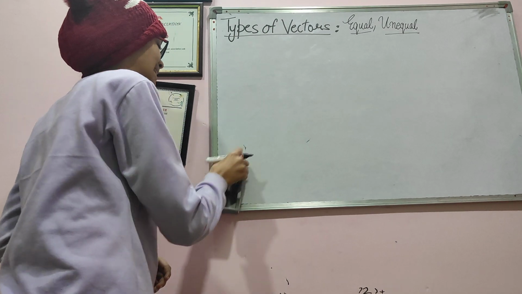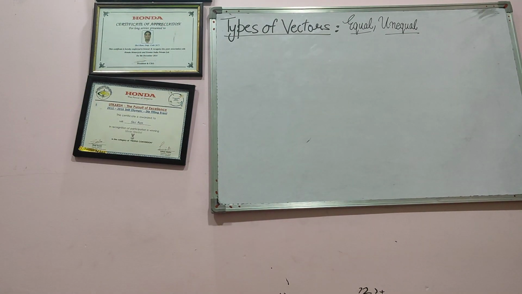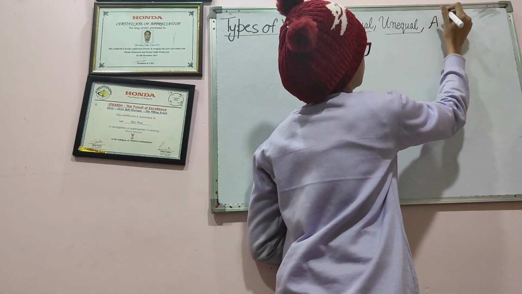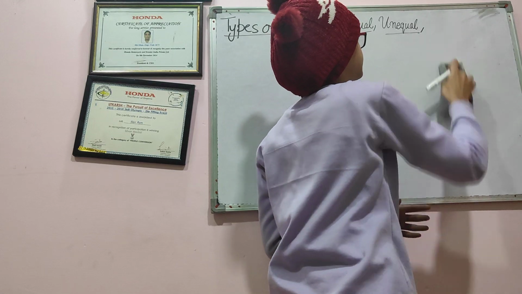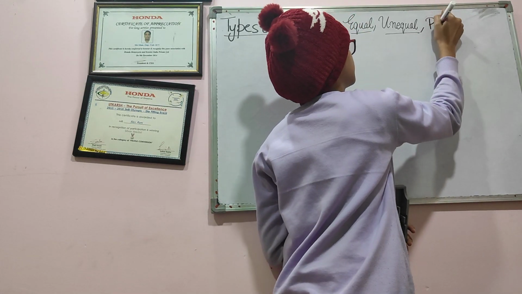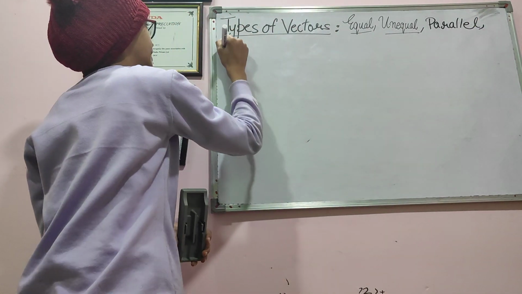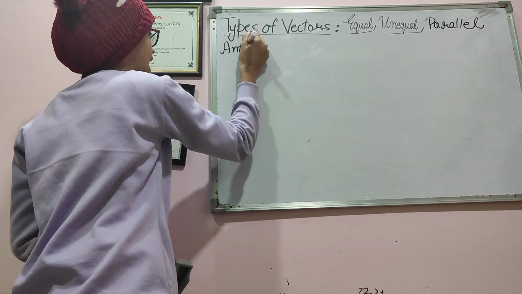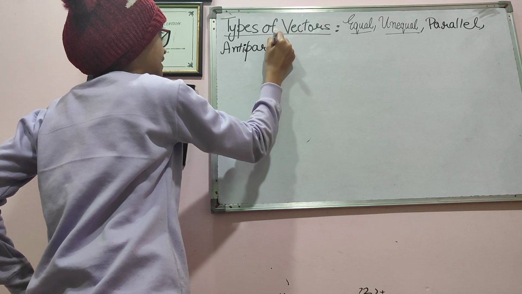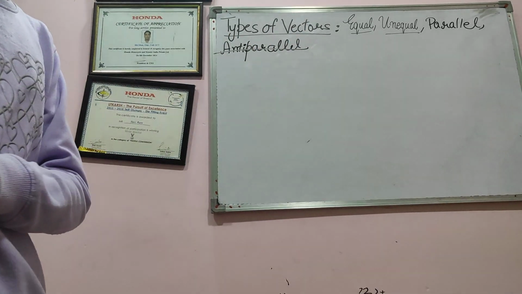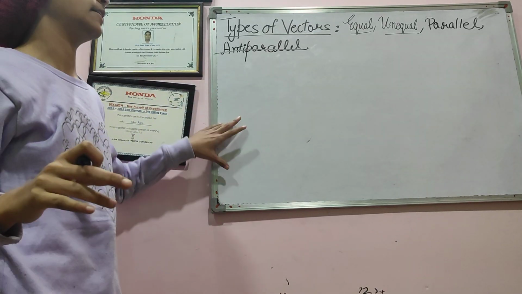Now parallel and anti-parallel. What is parallel and anti-parallel? Next pair we have is parallel and anti-parallel.